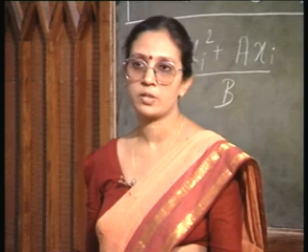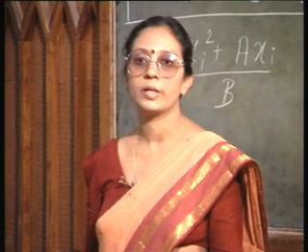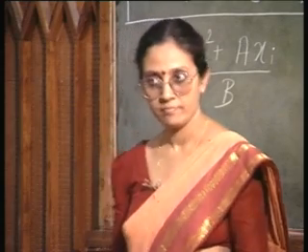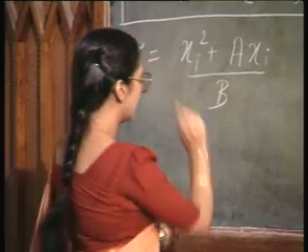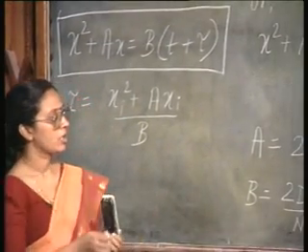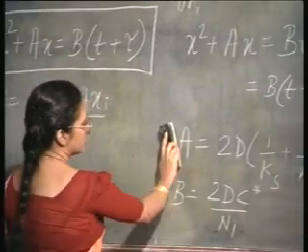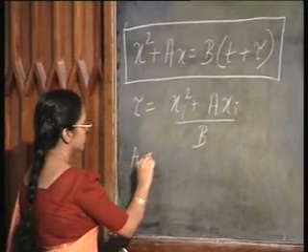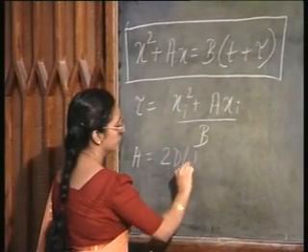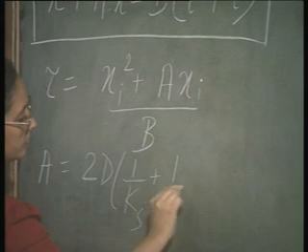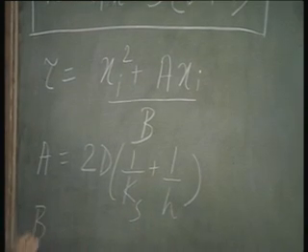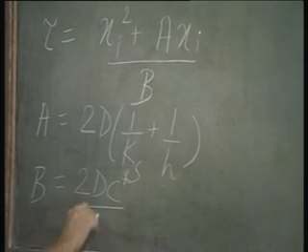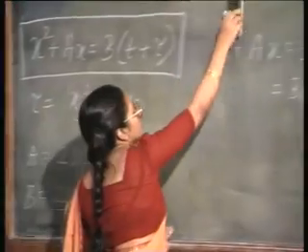From this quadratic equation, our first job will be to find the actual oxide thickness x in terms of B and A and t and everything. We will just put them all on this side. Tau is this. Let us not disturb this part.